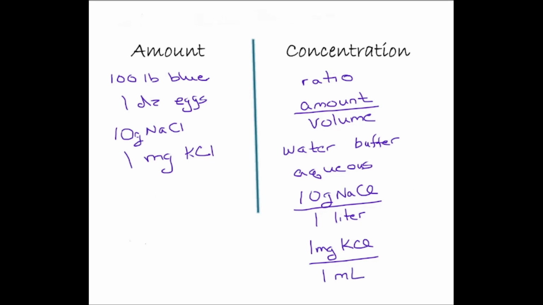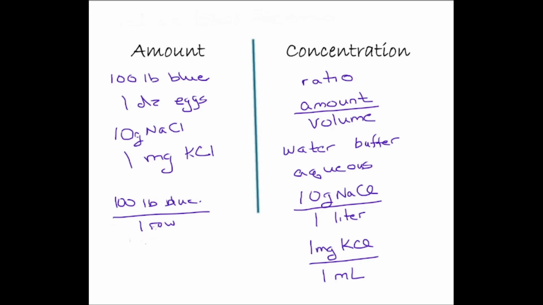Okay, I just want to make a comment now about the blueberry example. So before we were talking about blueberries. So we said there were 100 pounds of blueberries per 1 row. Now, of course, that's not a concentration as we defined it here, because we said that a concentration is an amount per volume, and this is not a volume.